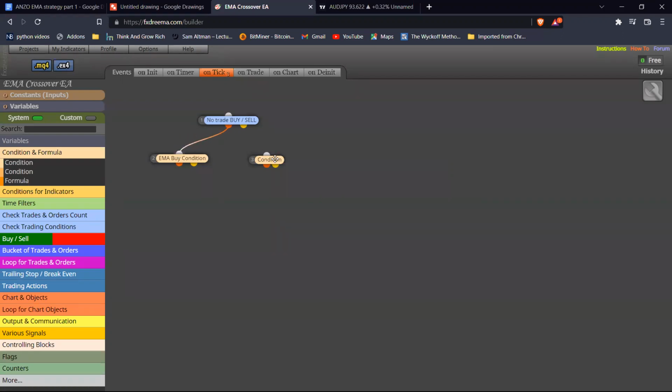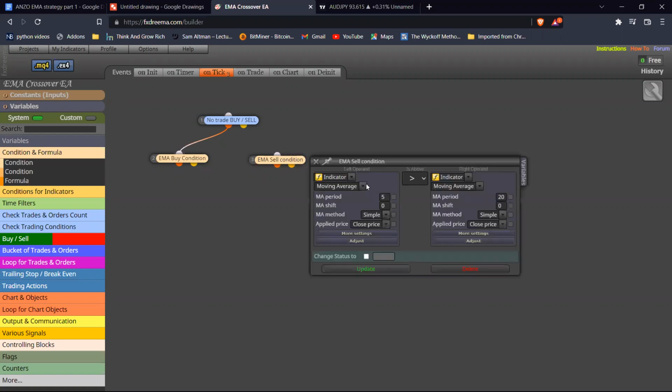And then in this other parameter here, we'll also want to modify this and call this EMA sell condition. Now for the sell, double click. What we are trying to do is still look at the 5-period moving average, the exponential of it.